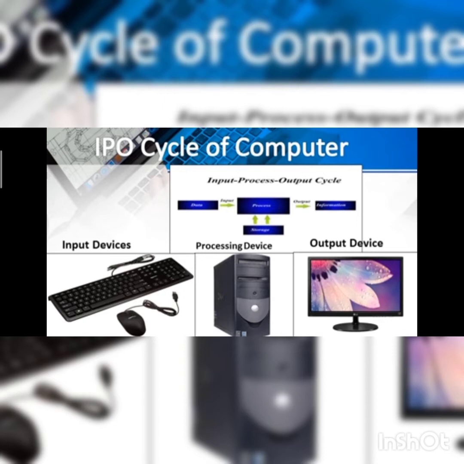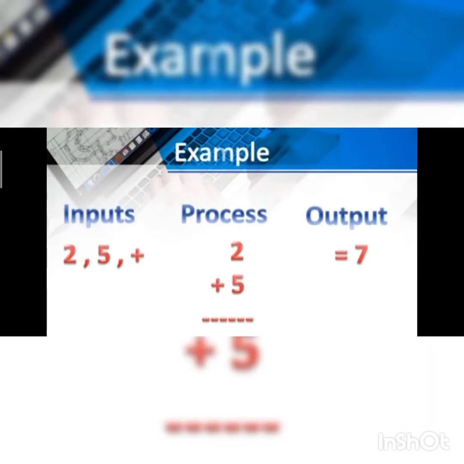CPU works on the data and does all the thinking and calculations. Output means final result. When CPU finishes processing the data, output is displayed on the monitor screen. Monitor and printer are the most common output devices.